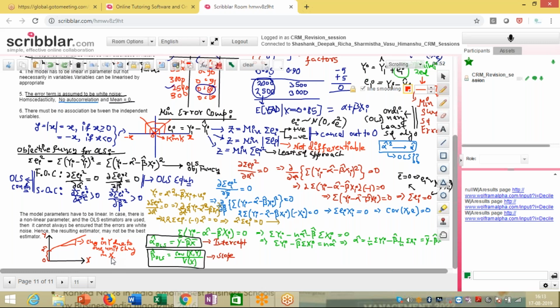Now the next part that we need to bring in is how do we relate these two parts? That is, how do I relate the concept of a slope to the formula that I have obtained in beta hat OLS? Now, first of all, it must show me two things. Number one, the change in y with respect to change in x. So let's look into the formulae for covariance.